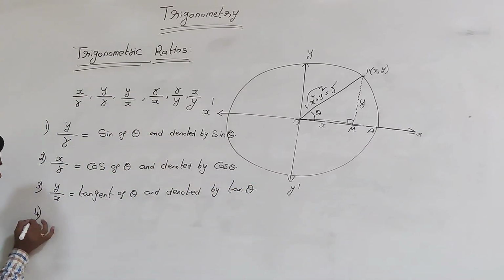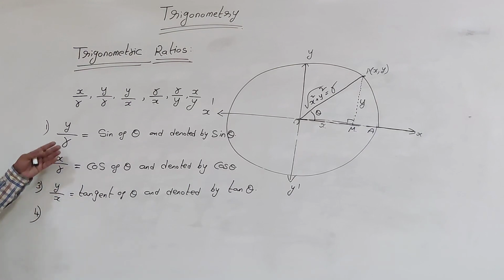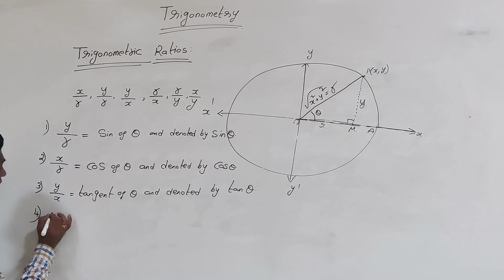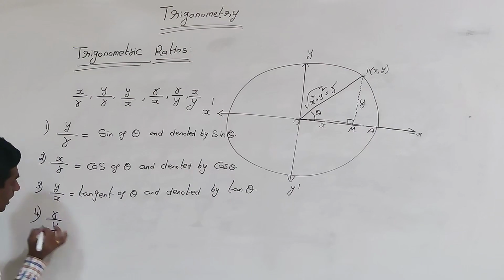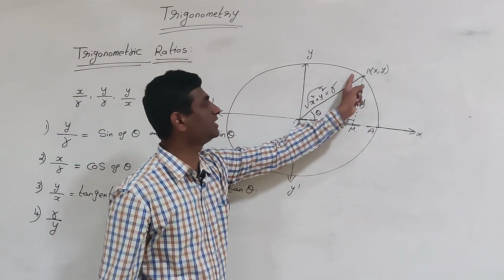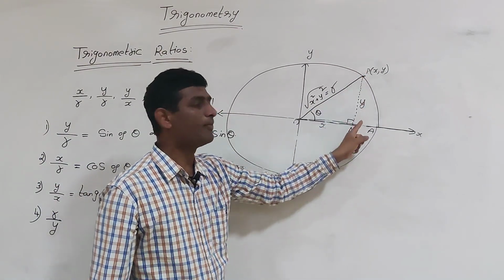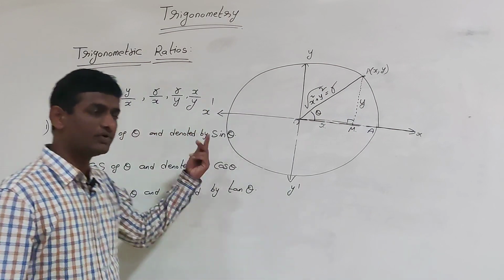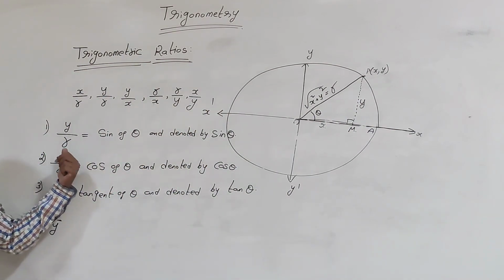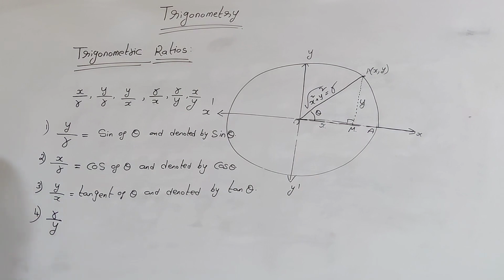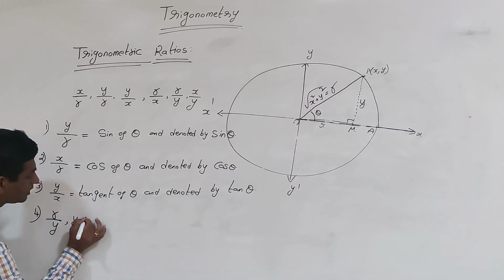Next, fourth one, r by y, hypotenuse by opposite side. In the previous one, it was opposite side by hypotenuse. Now, the reciprocal r by y, where y is not equal to 0.